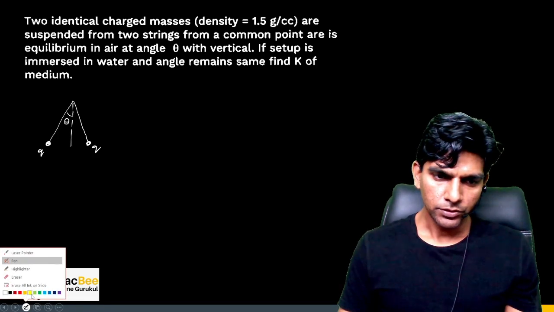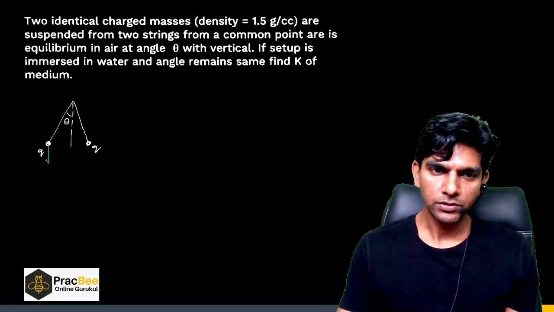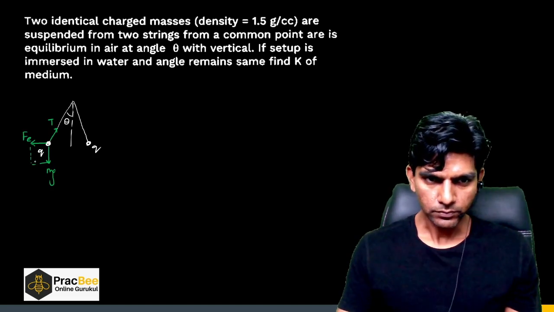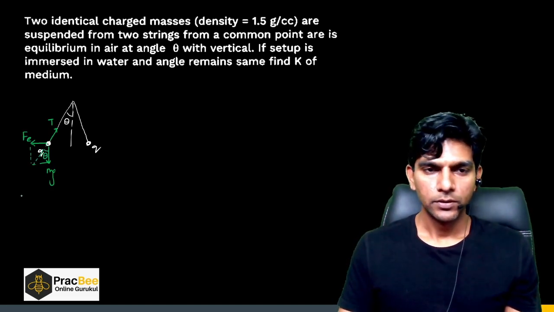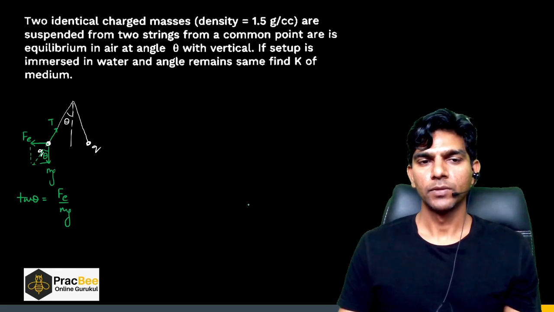So if I show the free body diagram of one of the masses, there is a gravitational force acting, which is mg, there will be a tension T, and there will be a Coulomb repulsion in this direction. Now the resultant of mg and the Coulomb repulsion will make an angle theta with the vertical. So we can say tan theta will be Fe divided by mg, right?